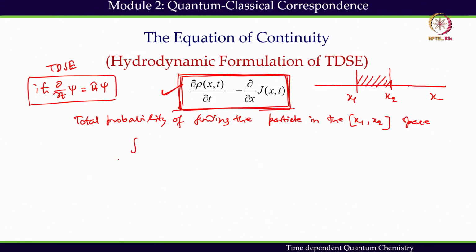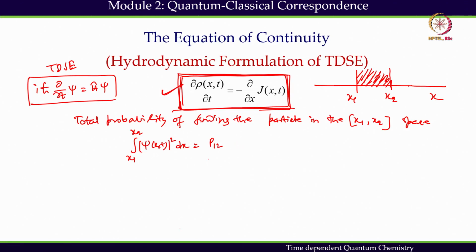It is not going to be 1, even if the wave function is normalized, because it is within this finite space. So I have an integration from x1 to x2 of psi absolute square dx. Let us say this is P12. P12 is the probability in this space, and it is not going to be 1, because when I integrate over the entire space, then I get probability 1, because I have one particle.